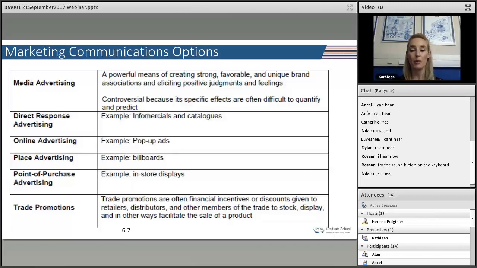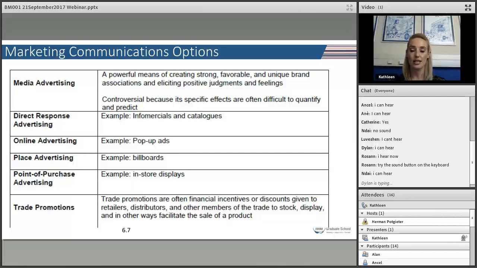Then we have promotions. And when we talk about promotions here, we're not talking about promotions as one of your 4 Ps. So remember, your 4 Ps are your marketing mix. They are price, product, place, and promotion. In that context, promotion means marketing communications. It's an umbrella term for all your marketing communications.